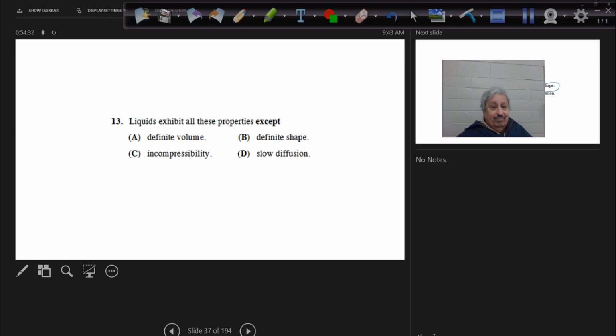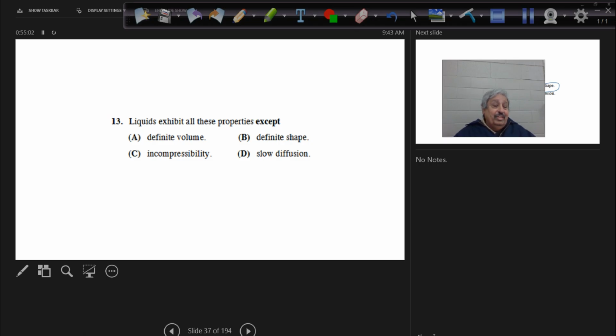Which one? So what's the shape of a liquid? It takes the shape of the container they are in, and so do gases. Whatever the container is, if the container is a sphere, then the shape of gases and liquids is a sphere, correct?